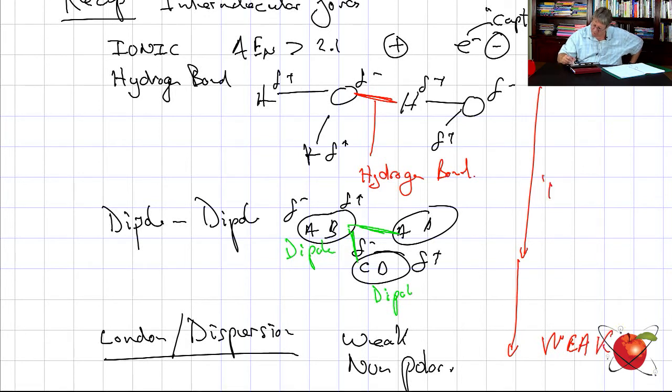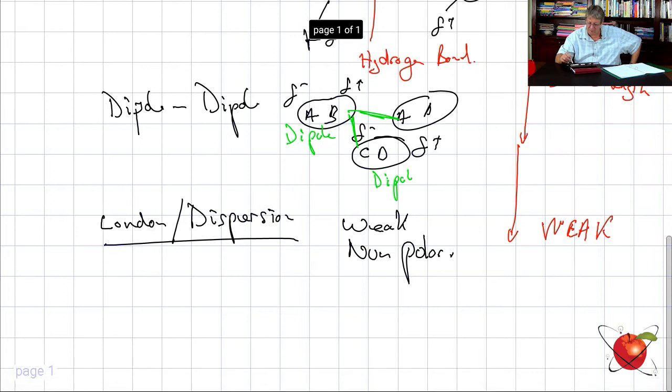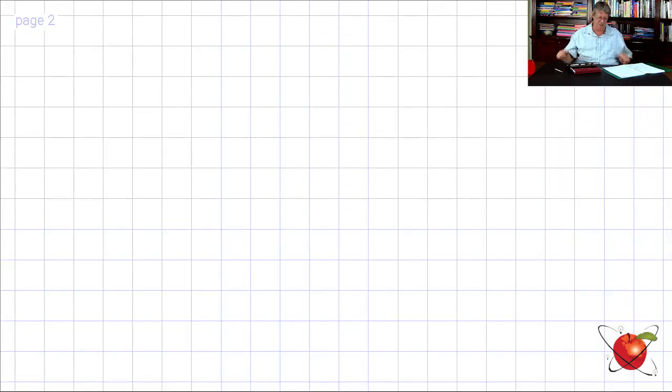And this is the bond, I'm going to say, intermolecular bond strength. Right? The intermolecular, ionic strong, hydrogen, dipole, London dispersion. Okay? Therefore, if something is held together by a hydrogen bond, you're going to need more energy to break those bonds and make it fly, so to speak.